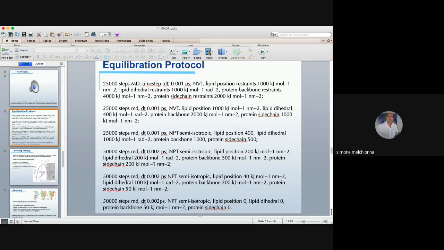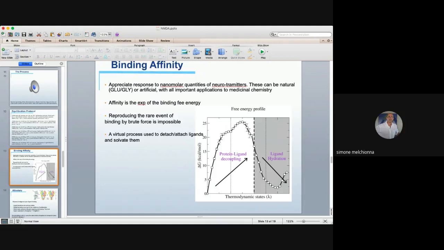And what you want to do once you have an NMDA in the membrane in a lattice Boltzmann environment, which will be the watery solvent, is to look at the binding affinity, which means to look at the free energy difference between the attached versus detached state of the ligand. And so we have actually 4 ligands, glutamate and glycine.